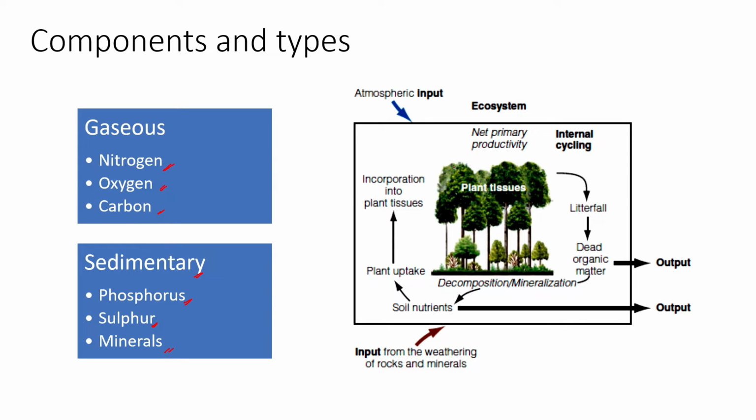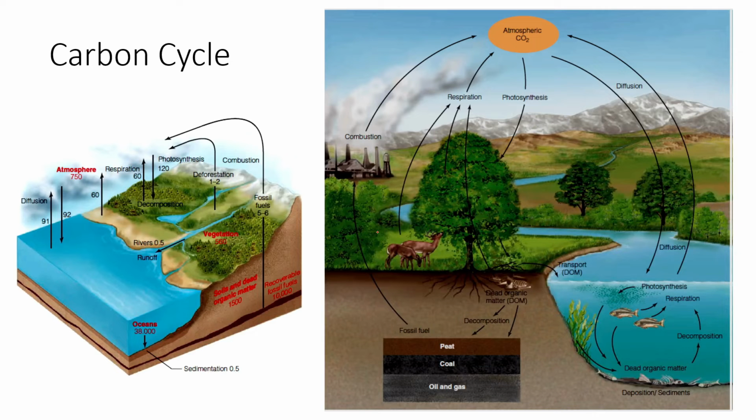Biogeochemical cycles consist of internal cycles as well as the external cycle with respect to the ecosystem. There is productivity, we talked about nutrient cycling, but there is atmospheric input as well as input from the soil and minerals. When we talk about atmospheric input, we need to understand multiple aspects of environment, which we'll study in detail as well.